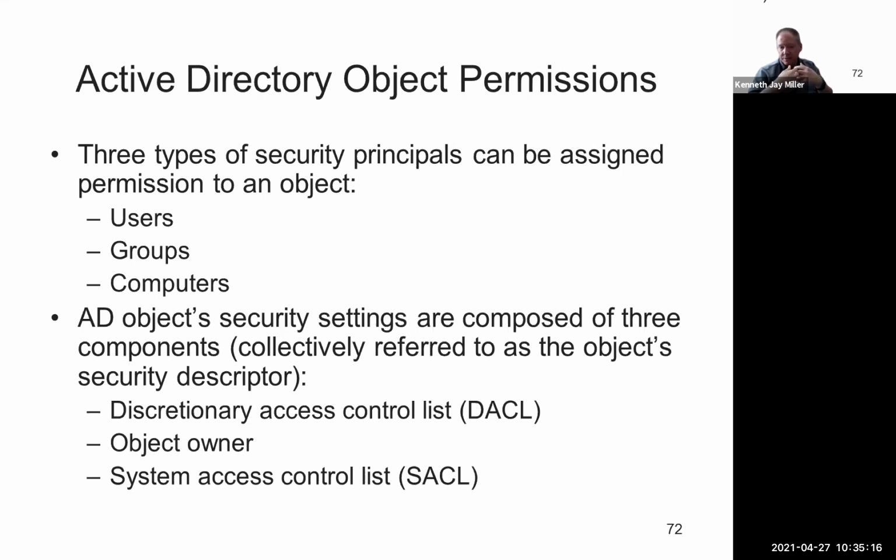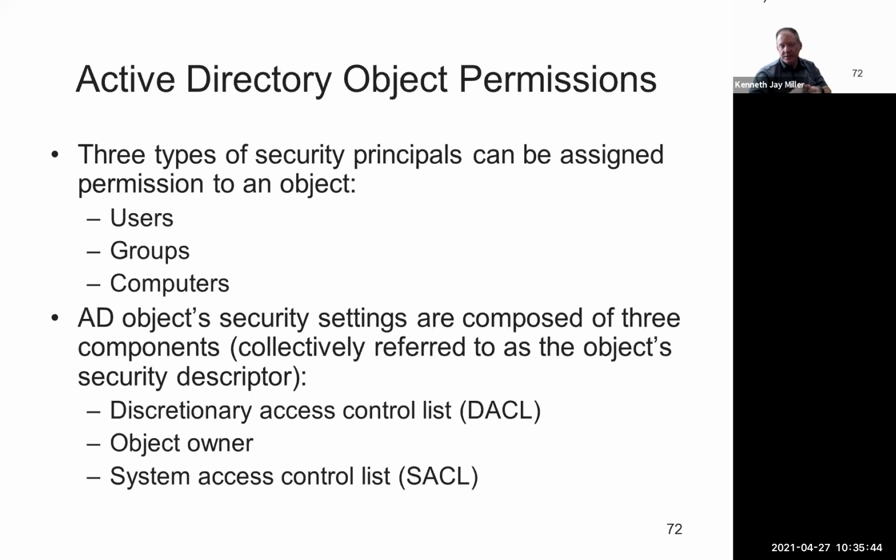And the mandatory access control list, like with the military and government entities, are based on classifications of both the user and the data, and they have to match. So if you have a security clearance and it's rated top secret, you can't see it with the general security. Only top secret and above can see top secret and above classified material. So those are known as access control lists.